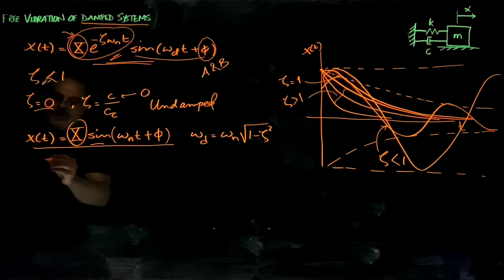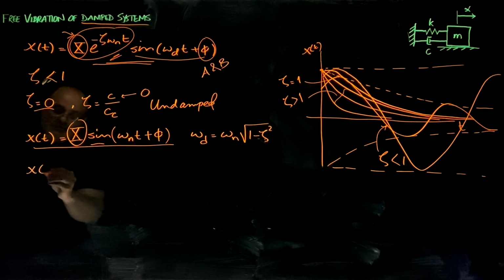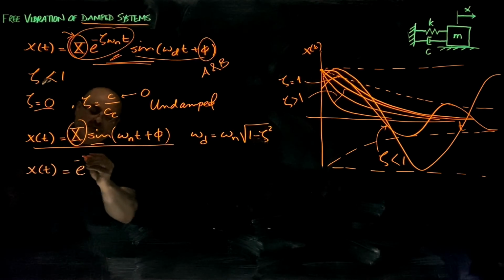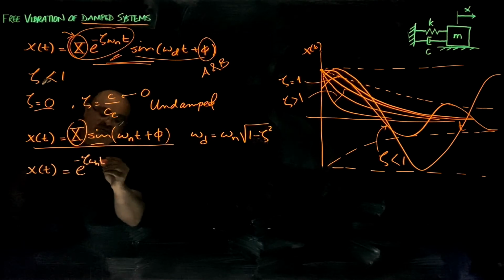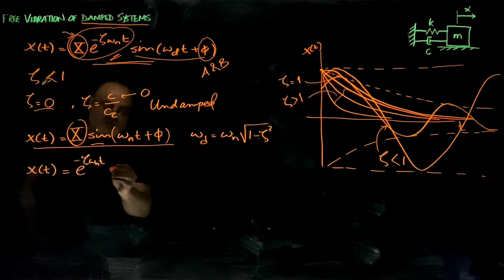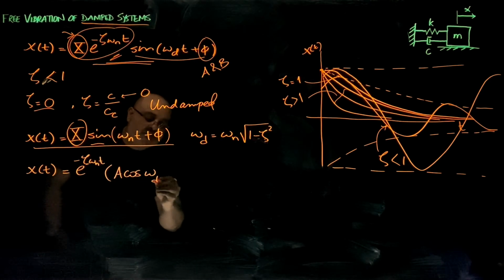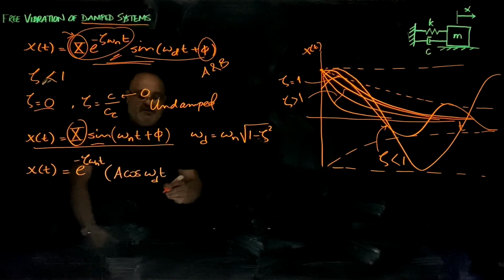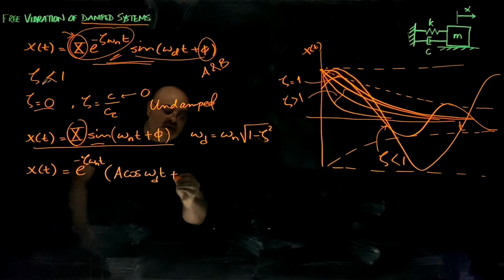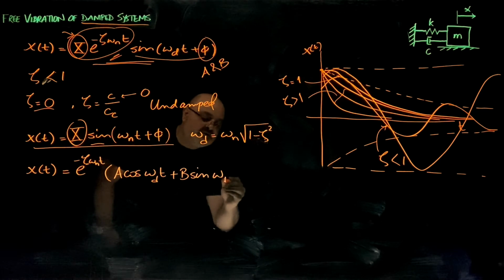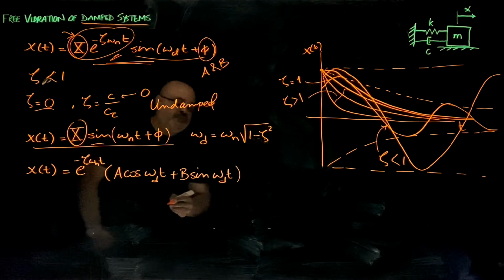So if I go back to x of t, the form equals e to negative zeta omega n t, a cosine omega d t plus b sine omega d t.